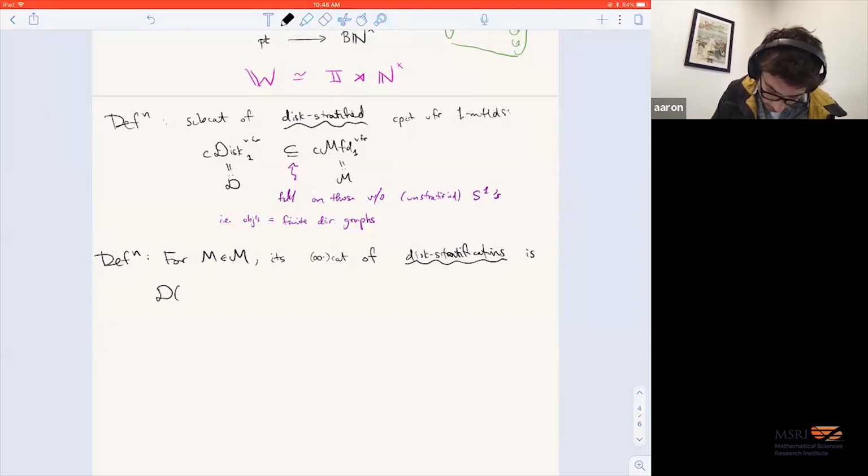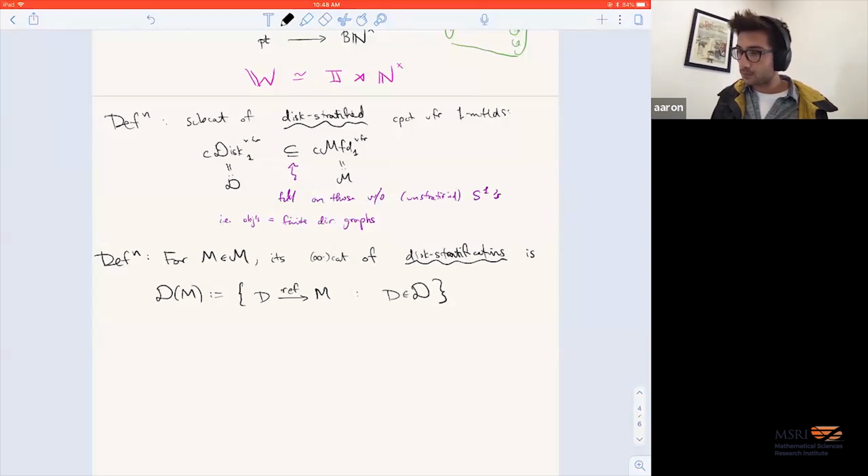So curly D of M is by definition the refinement morphisms from objects of D. By definition, this is a subcategory of this fiber product. So it's an object of curly D, considered as an object of curly M, equipped with a map to M, and then that map is required to be a refinement.